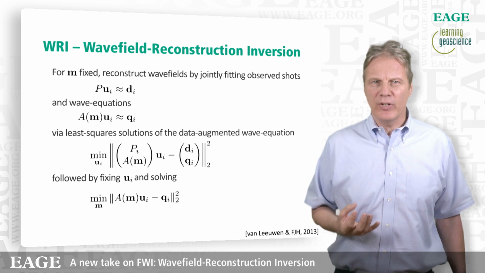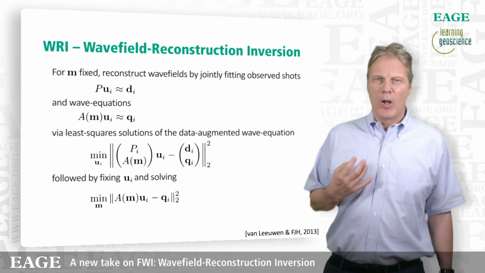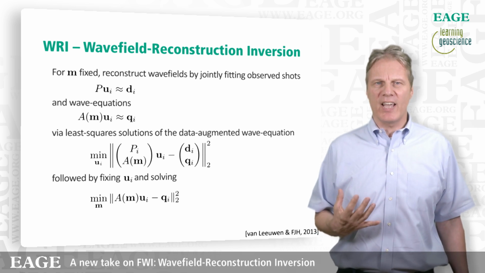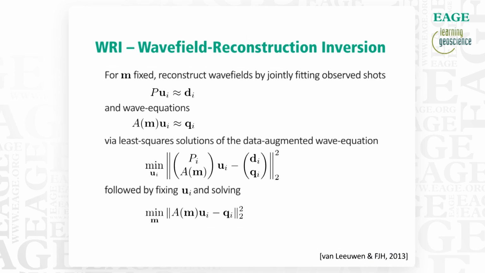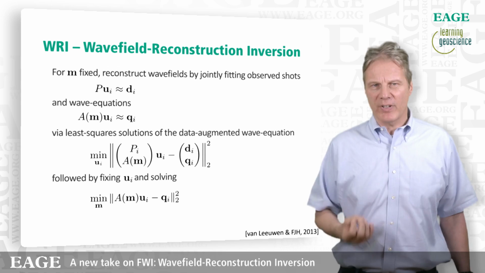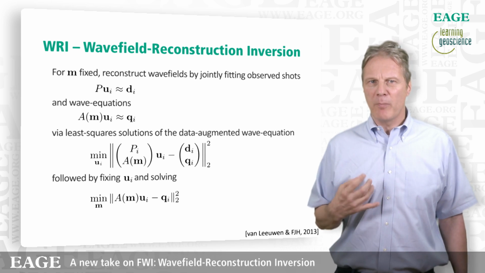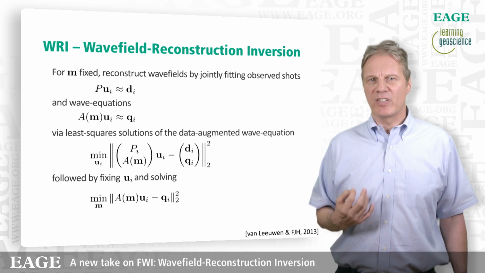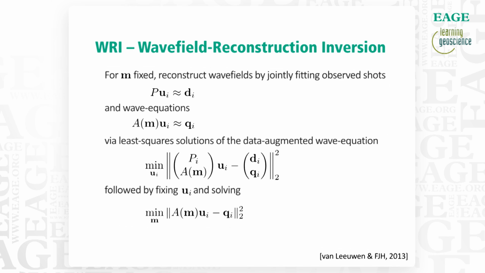So what we're actually doing is solving a least squares augmented wave equation where we try to find a wavefield that both fits the data as well as the physics encoded in the matrix A that's parameterized by m. Now, if we know then these wavefields, we can fix u, and then for each shot, we can try to get a model update by basically forcing the wave equation to hold to find an m that tries to minimize the difference between A(m)u and q.